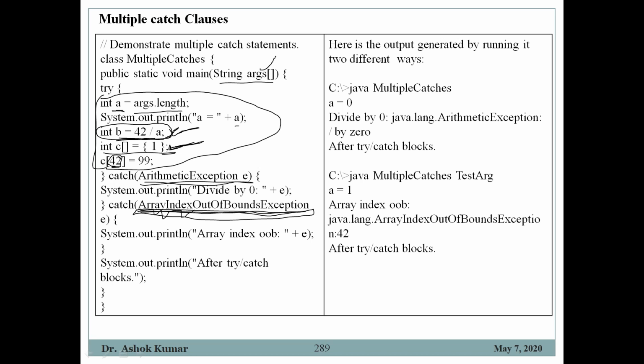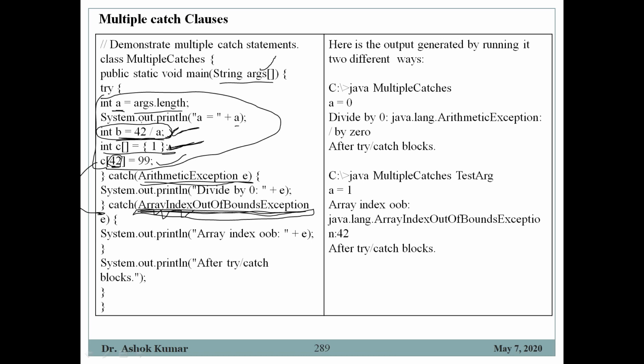So in that case this block will run. If the exception is generated by this line, the object of ArrayIndexOutOfBoundsException class will be created, and the corresponding catch block that will match this exception is the second one. So in that case the second catch block will be executed.